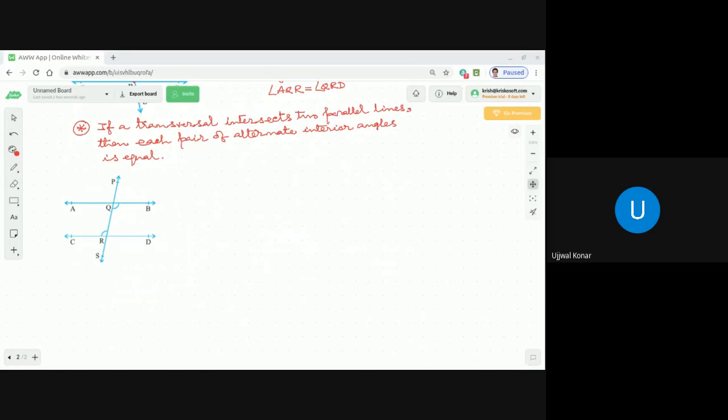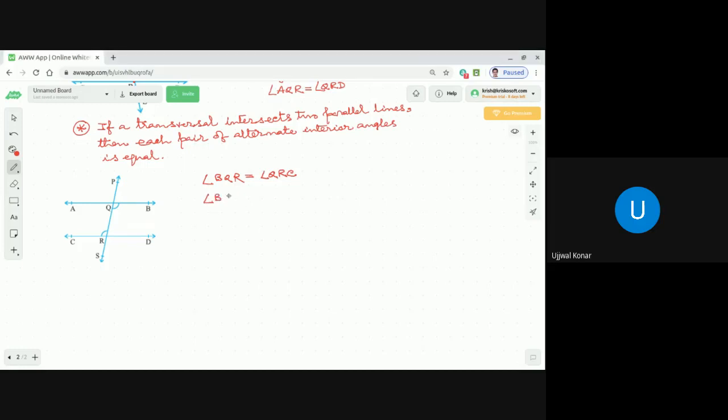So, in this one, what we see is that angle BQR is equal to angle QRC, right? That is already given. And one conclusion we can draw, dear students, is that angle BQR is equal to angle PQA.